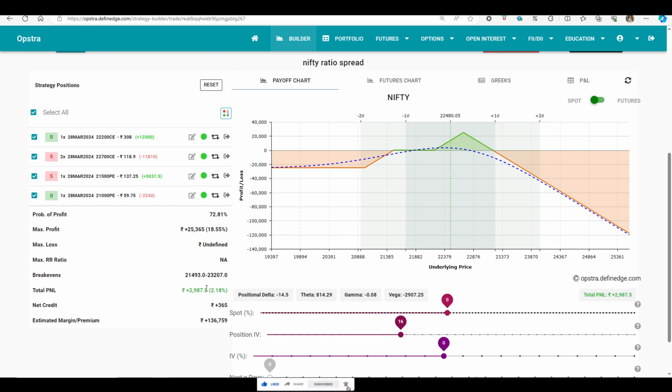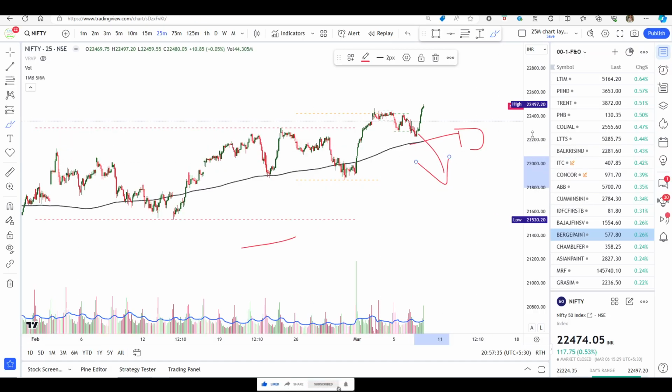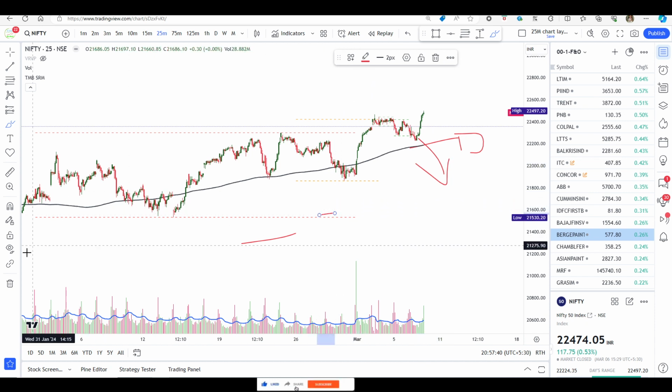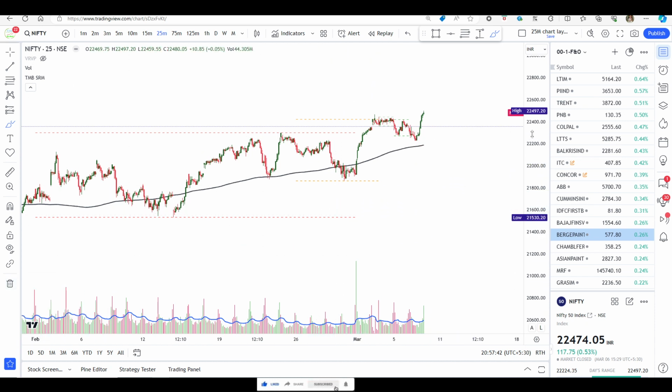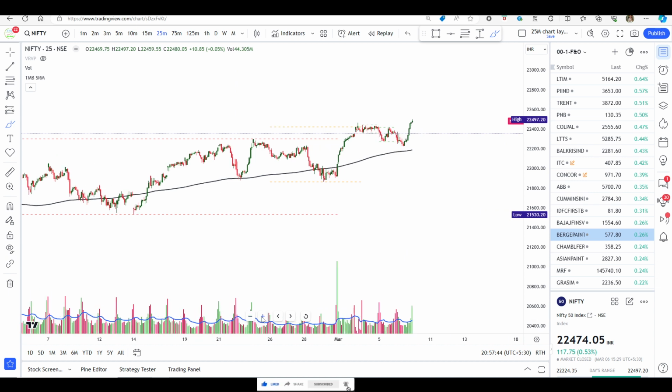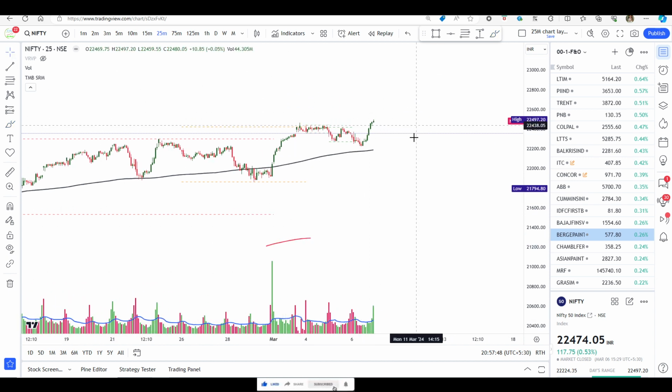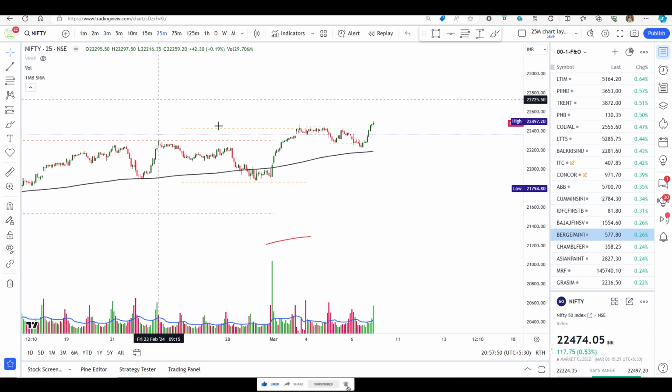I wanted to earn a 3 rupee interest rate from the option selling. So very simple methods, make it very easy, very simple. Don't take too much risk, don't be too aggressive. Whenever you don't get opportunities in the cash segment, use this methodology and sell the options.